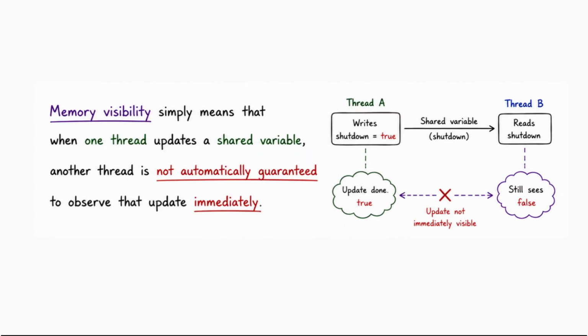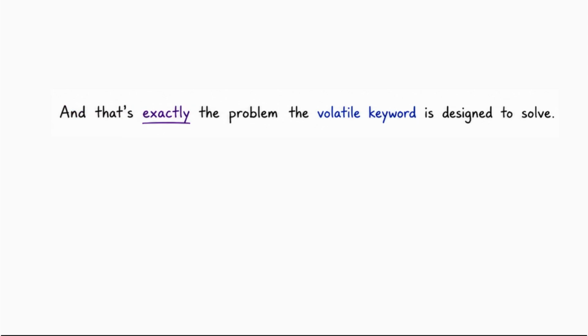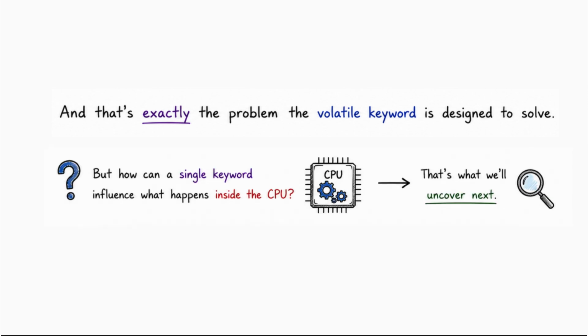Memory visibility simply means that when one thread updates a shared variable, another thread is not automatically guaranteed to observe that update immediately. And that's exactly the problem the volatile keyword is designed to solve. But how can a single keyword influence what happens inside the CPU? That's what we will uncover next.